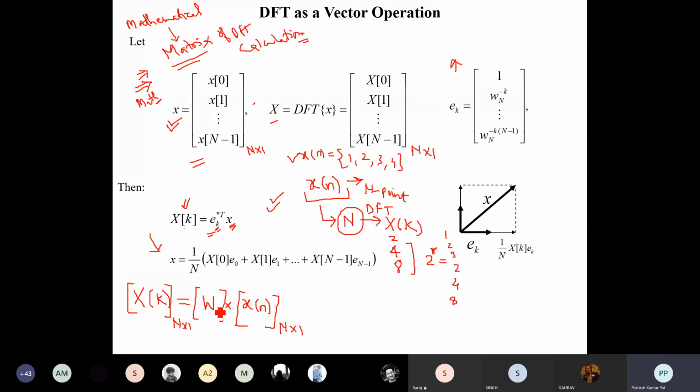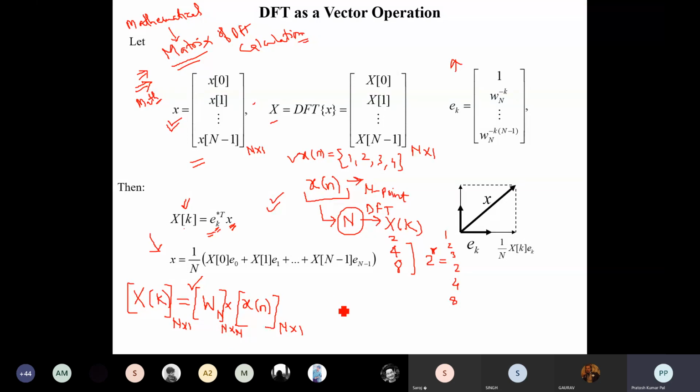The Twiddle factor will be in the form of n cross n, because when we multiply an n cross n matrix with an n cross 1 matrix, the result will be n cross 1. So this Twiddle factor matrix is represented by an n cross n matrix.